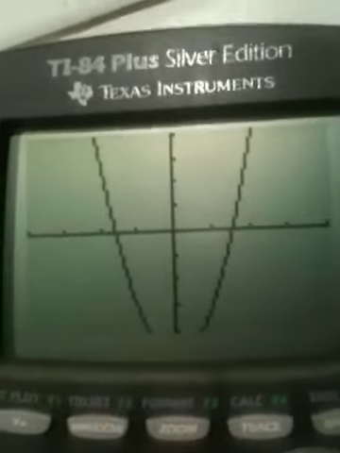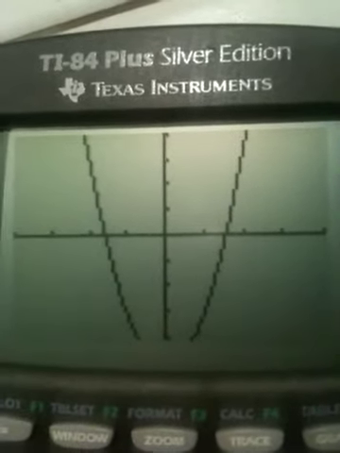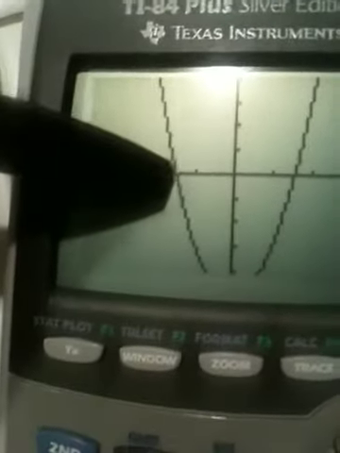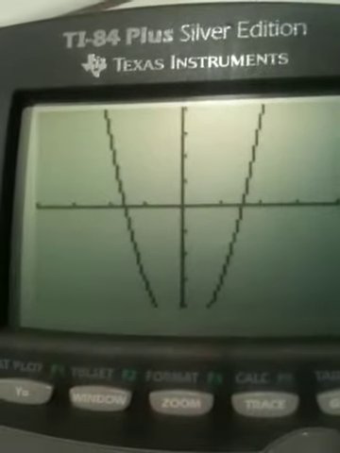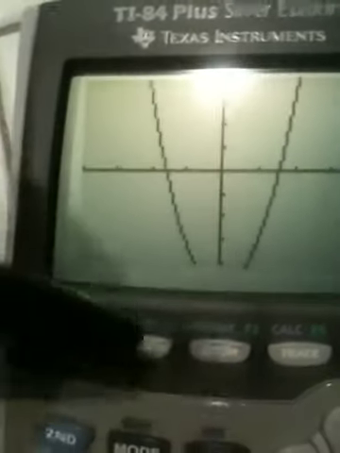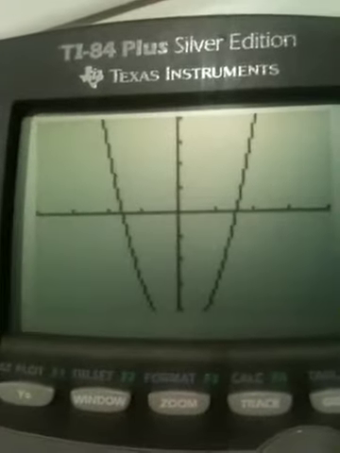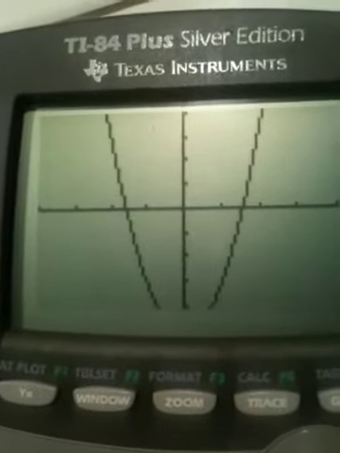Uh-oh. Now, this graph is not the winner, and here's the reason. Now, my x-intercepts are pretty good. In fact, I can see those clearer than I did before. But look what's missing. I cannot see where this graph crosses the y-axis. You with me?